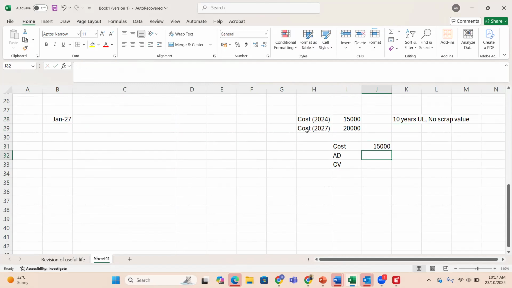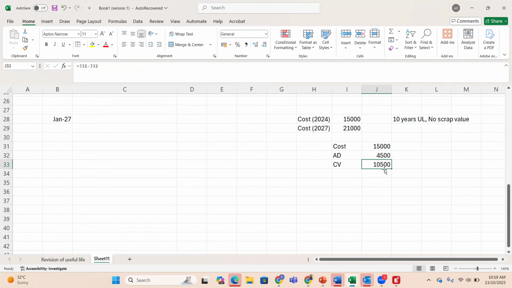Right. Accumulated depreciation is going to be 1,500 into 24, 25, 26. Okay, 3 years gone. So carrying value is how much? Okay, this is very clear.